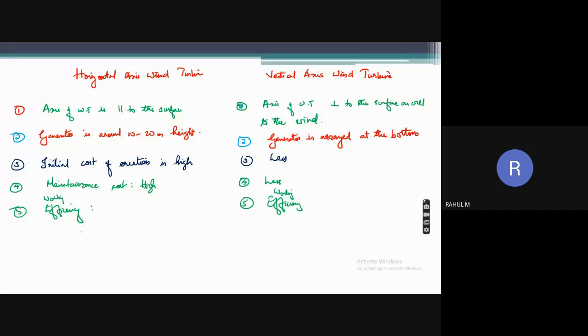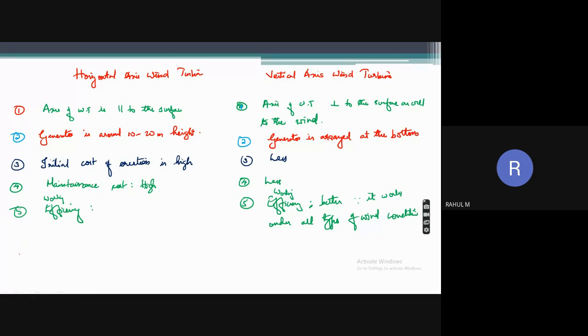In terms of working efficiency, the vertical axis wind turbine has a better working efficiency because it works under all types of wind conditions.